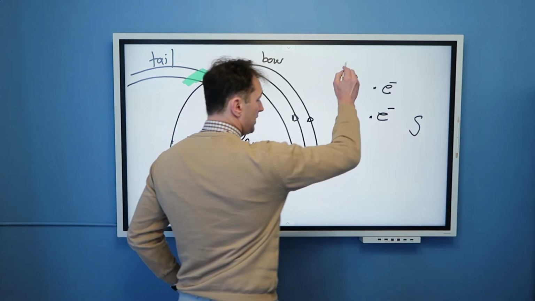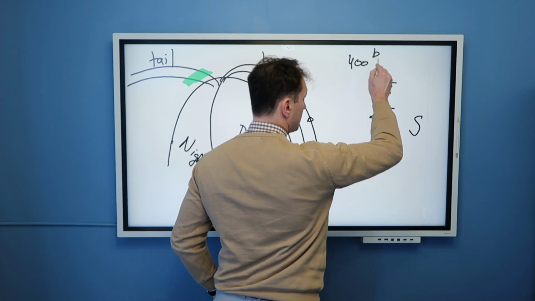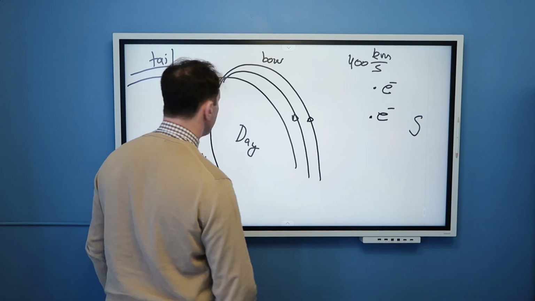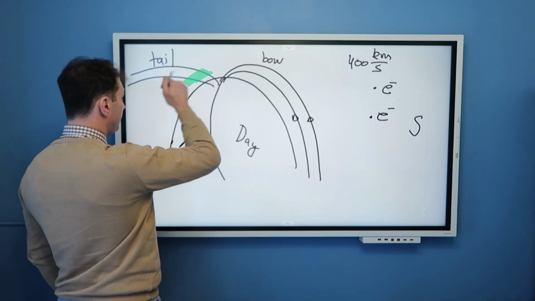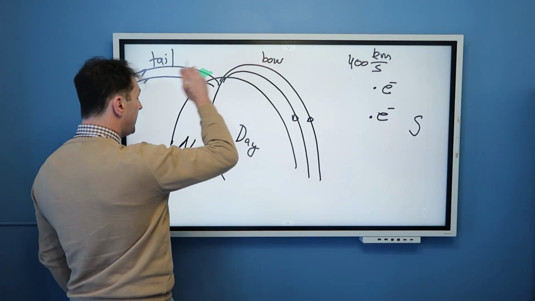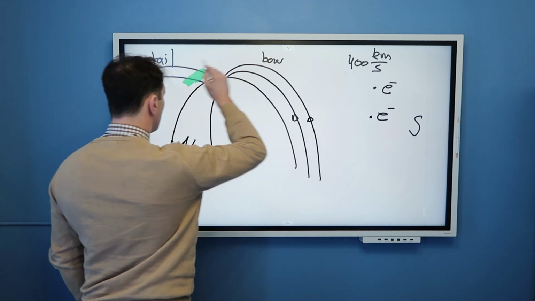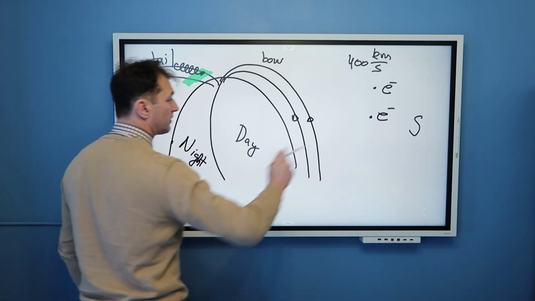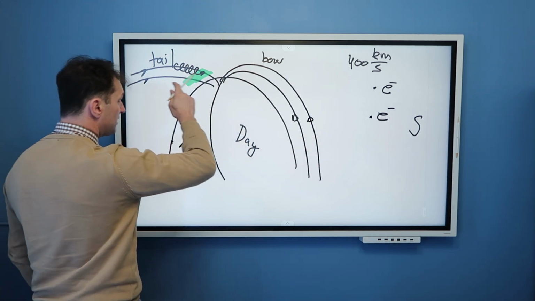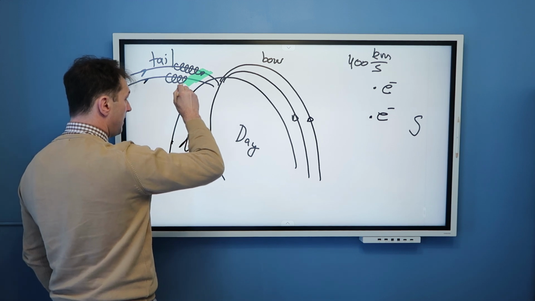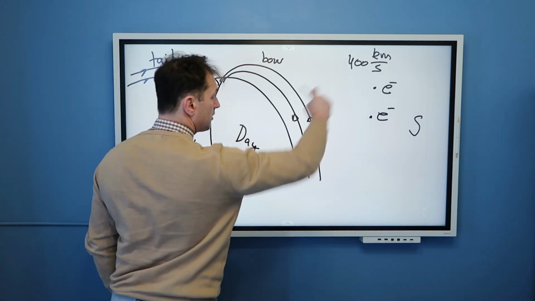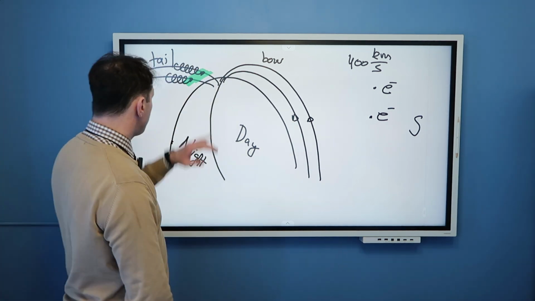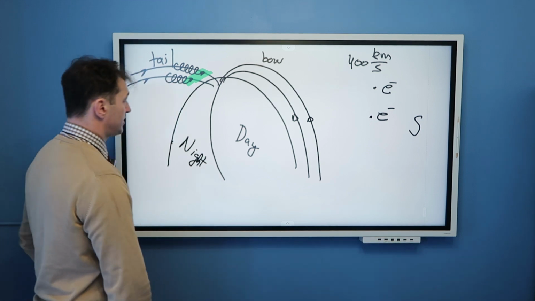In other words, if these particles were moving at 400 kilometers per second, they are still going to move at 400 kilometers per second, but magnetic field lines will deflect them, and let's say this electron over here will start spiraling towards the surface of the Earth. This electron over here will be deflected back towards the Earth at the same speed, or 400 kilometers per second, but it's not going to go forever over there, it's going to be reversed to move towards the Earth.